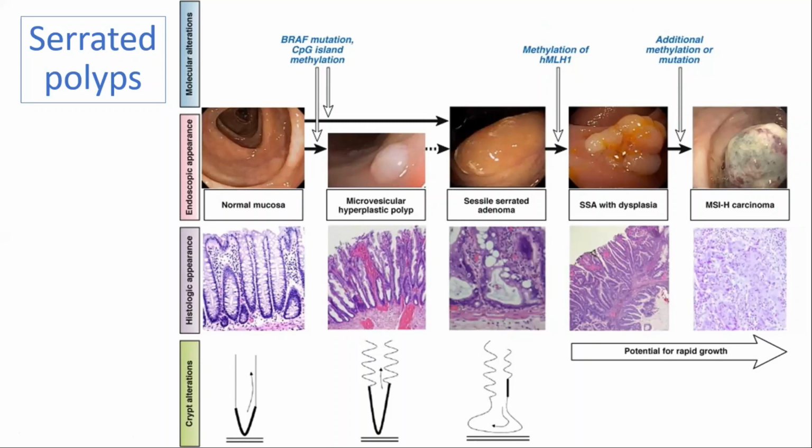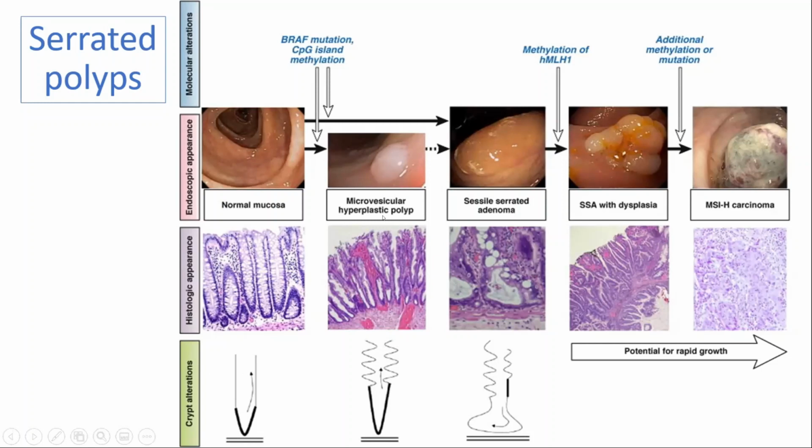When we talk about serrated polyps, under serrated polyps we have hyperplastic polyp. If it is just a normal hyperplastic polyp, it is non-neoplastic, with very low risk for malignancy.